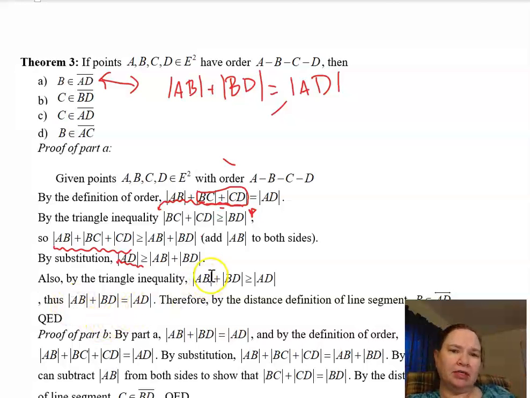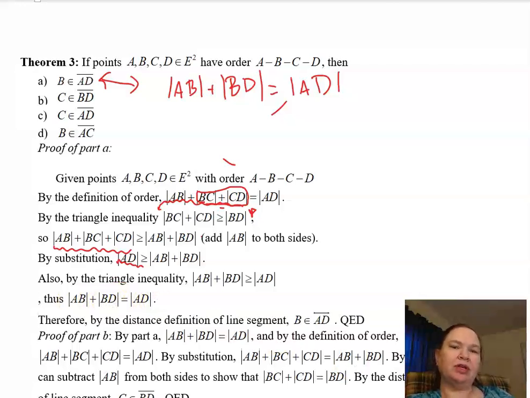Because I have those inequalities going both ways, I actually have an equation. And that equation is the definition of being on a line segment.